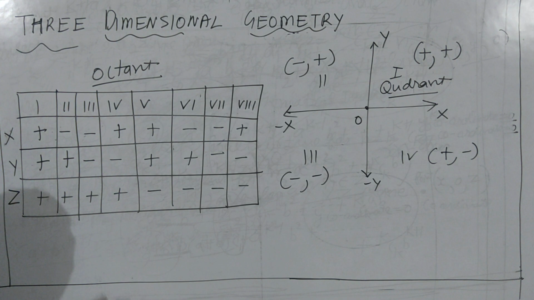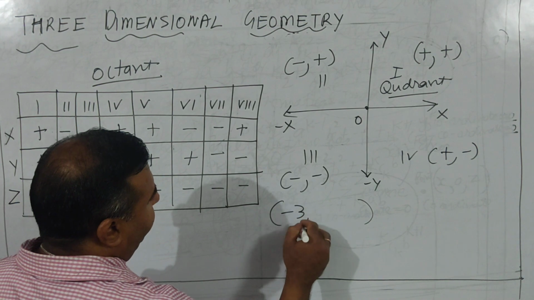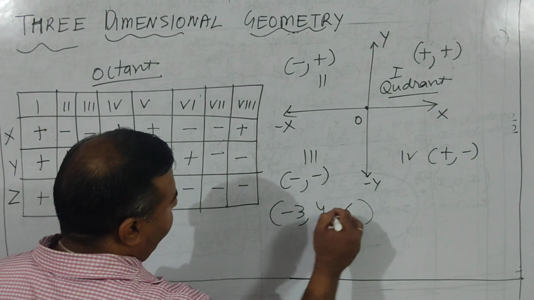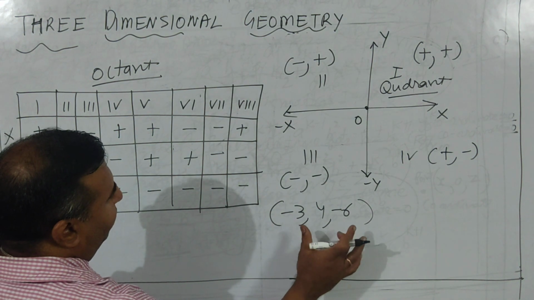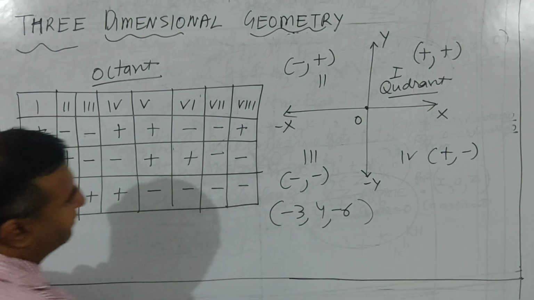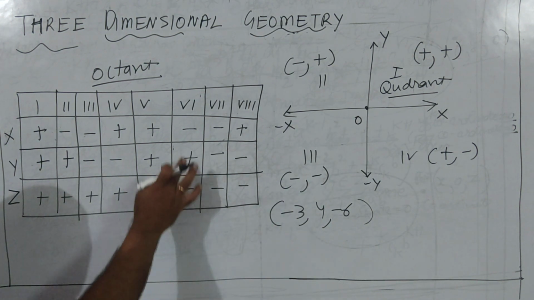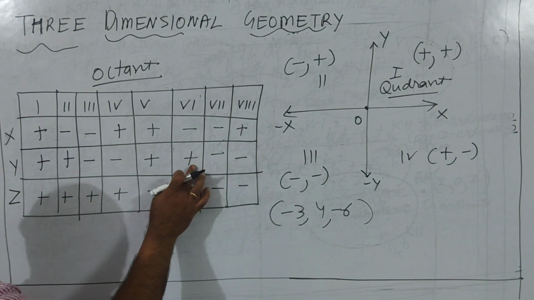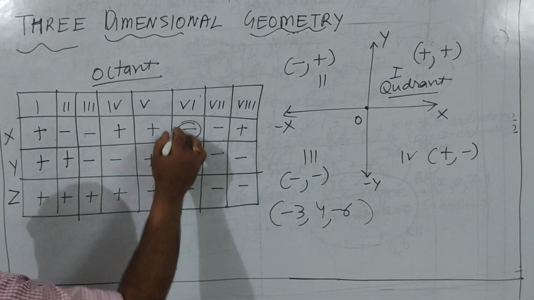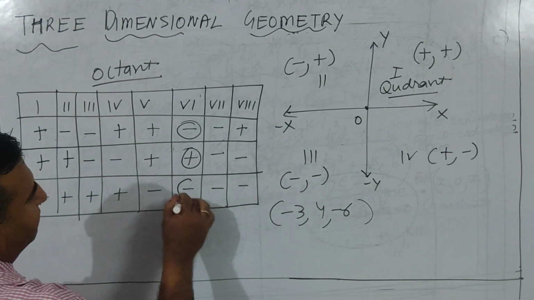Using this box, I am asking a question. I write here (-3, 4, -6). In which octant does this point lie? You write x negative, y positive, z negative.